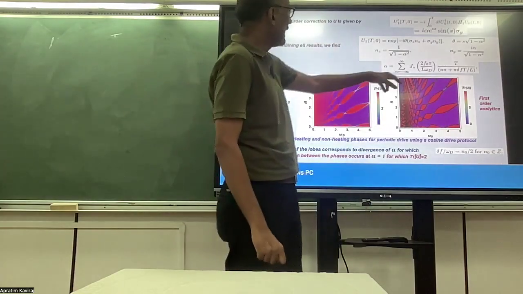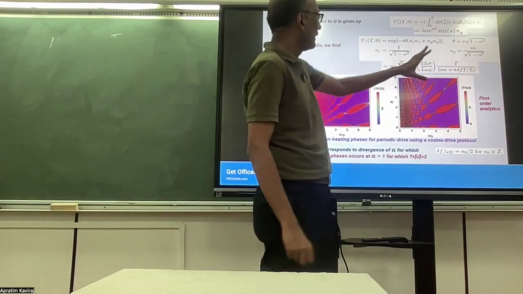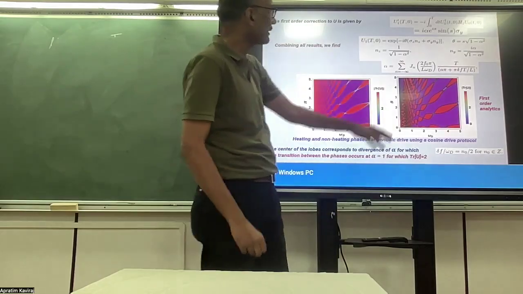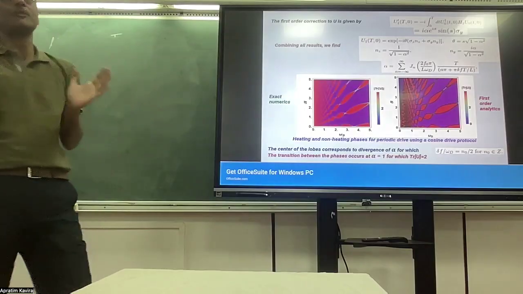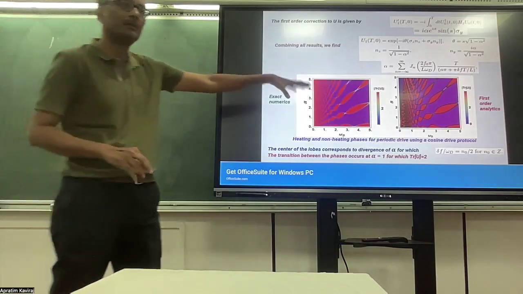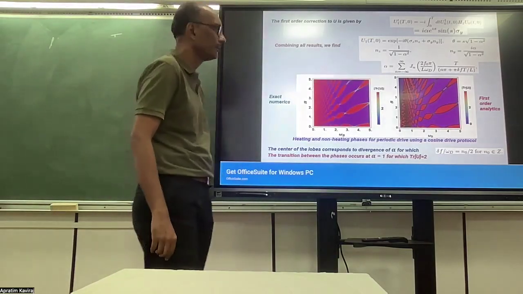And this alpha, which has all the information of the dynamics, can be computed in terms of these Bessel functions. This is a simple calculation. One can do it in a page, but I just give you the final results.